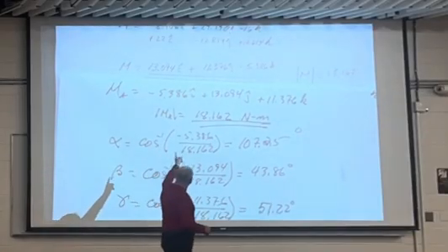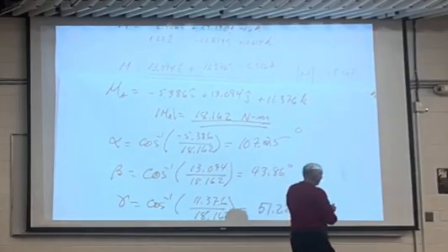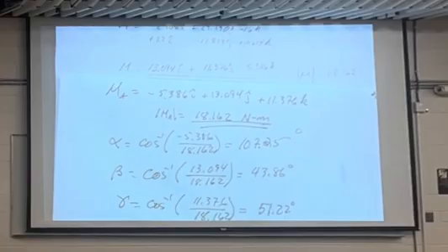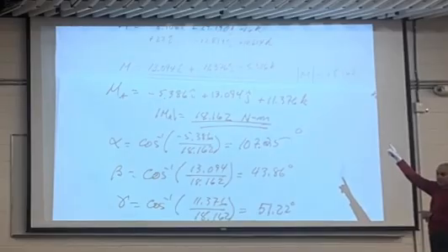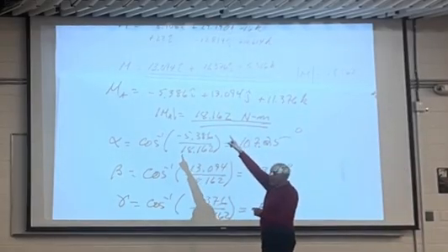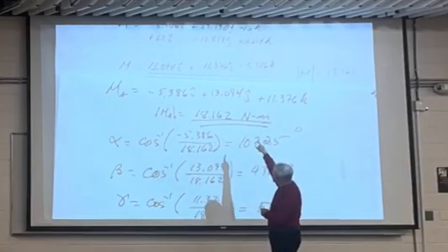The first time we did it was minus 5.386. Due to the coordinate system change, that 5.386 is no longer the Mx, it's actually the Mz. And due to the coordinate system, 13.094 was the j here.